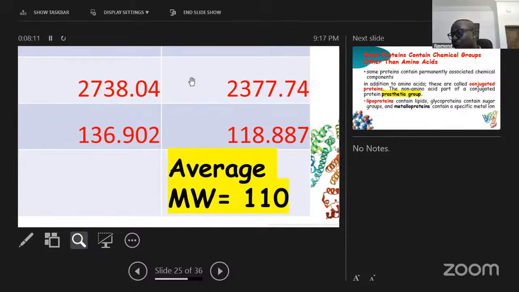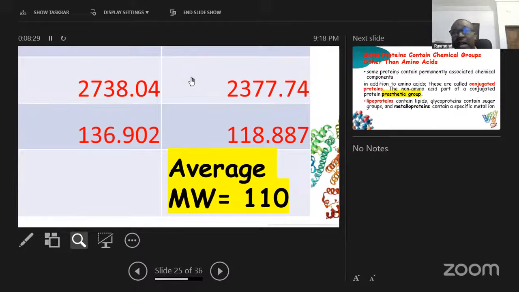That means if you have a protein with up to 1,000 amino acids, 80% of the amino acids found in that protein will be smaller molecular weight amino acids.